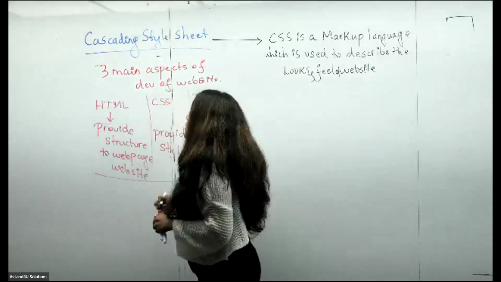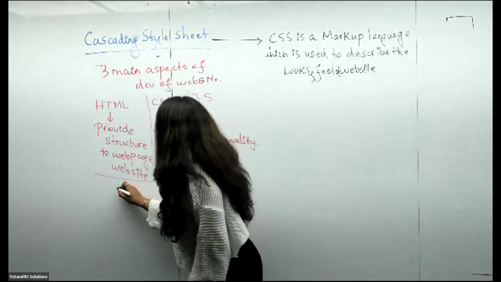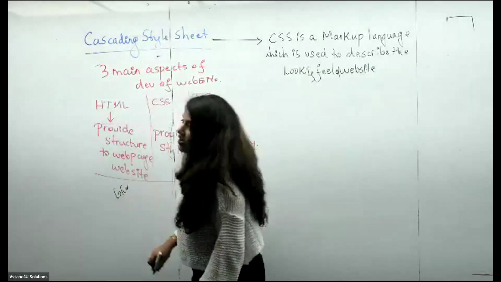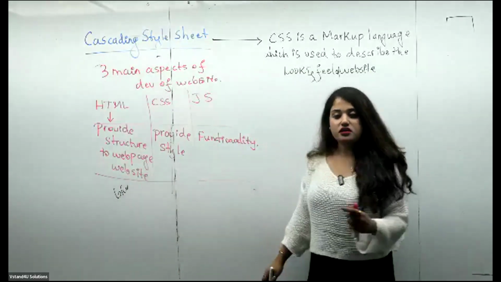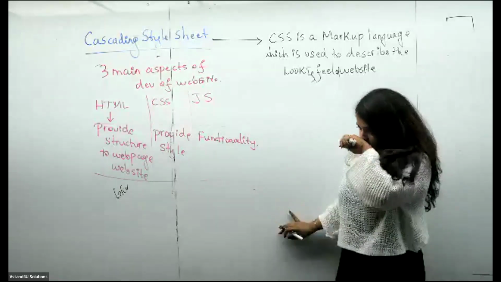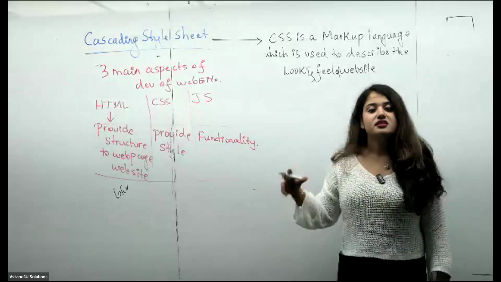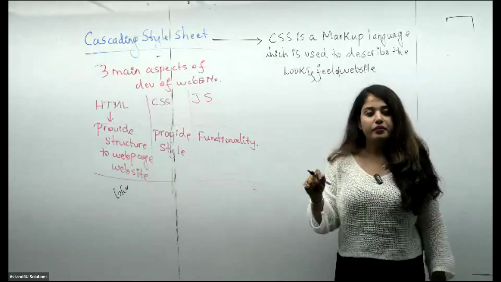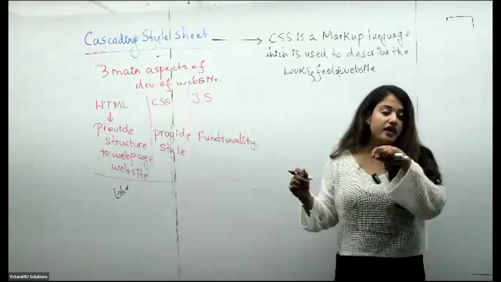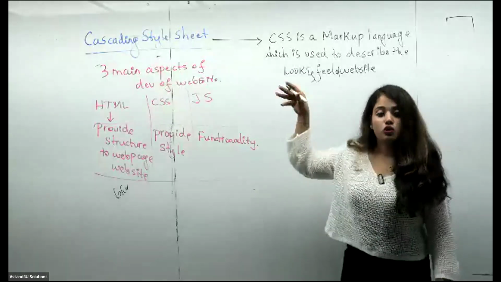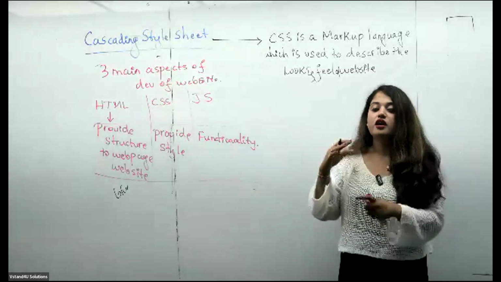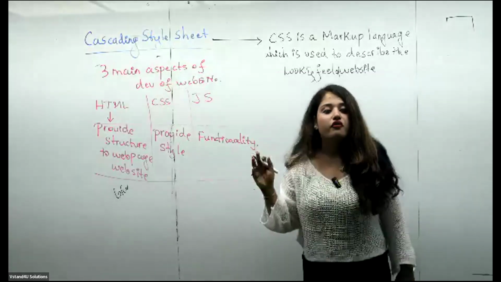Can I say that in HTML, everything was getting displayed in black and white? Yes, this I have already said. Now in CSS, you will be using some CSS style properties, and by using those properties, you are adding more style to your web page.